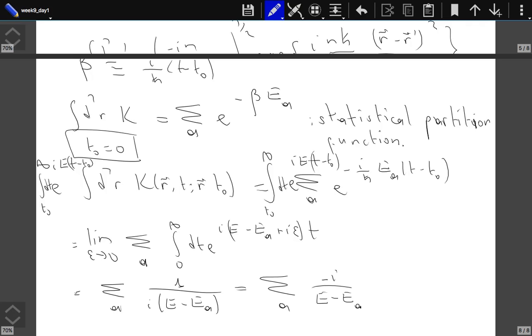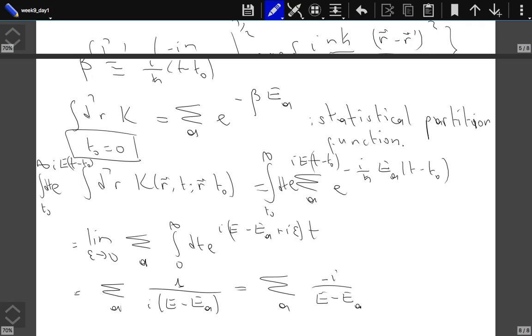So basically what I do, I take my K and set the two positions to be equal, r equal to r prime. T0 is 0, I can just choose my zero time to be any time. I integrate over the positions, and then take a kind of Fourier transform over time by multiplying with e to the power i E t and integrating over t from 0 to infinity.